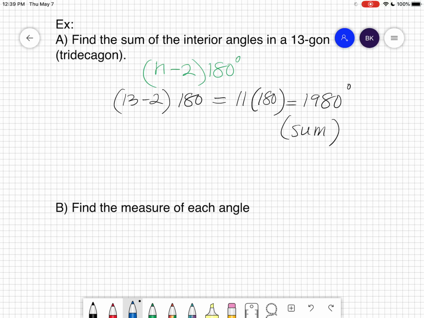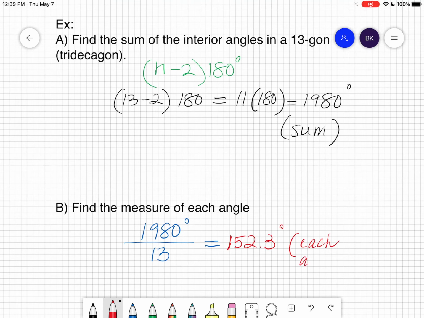So I'm going to take the sum of all angles, which is 1980 degrees, and divide it by 13 sides or 13 angles, and my answer will be 152.3 degrees, and this is the degree of each angle.